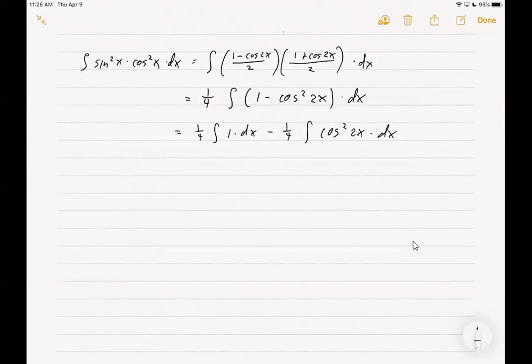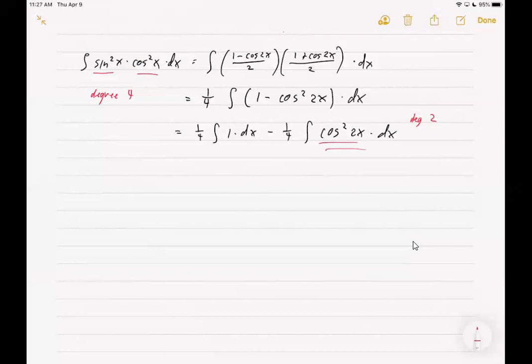So you'll notice we just dropped this by degree 2. We had started with sine squared times cosine squared, so that's degree 4. We're now down to a degree of 2. Okay, the first integral will be trivial, and the second integral is degree 2. So let's work with cosine squared of 2x.